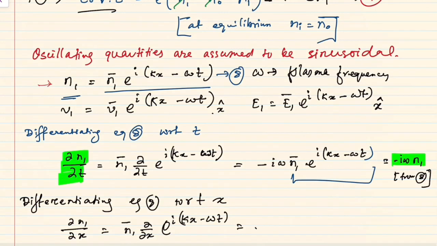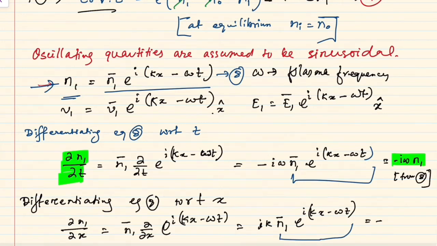That's going to be equal to i k n1 bar e to the power i(kx minus omega t). Now again you see this portion, n1 bar e to the power i(kx minus omega t), can be replaced by n1 again. So doing so, we will get i k n1 again.